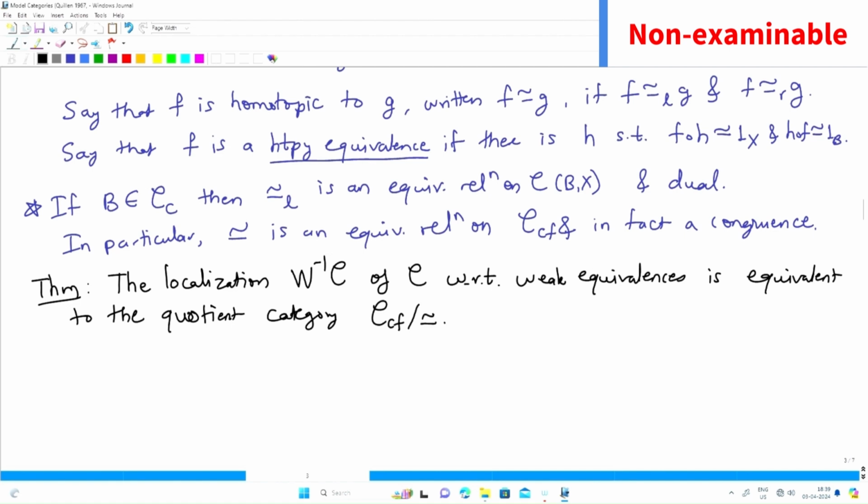I told you that localization doesn't need additive, pre-additive, abelian, anything.